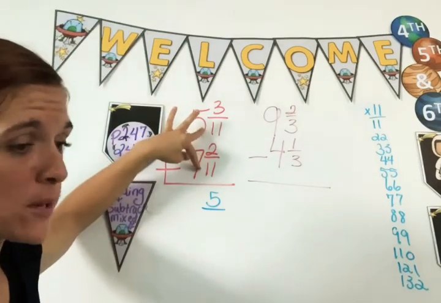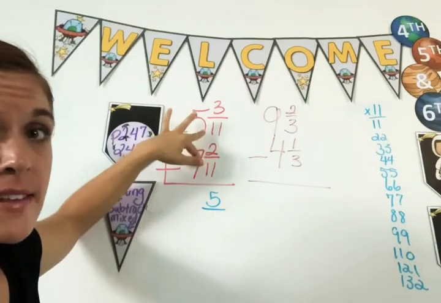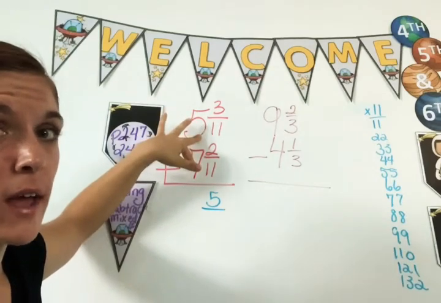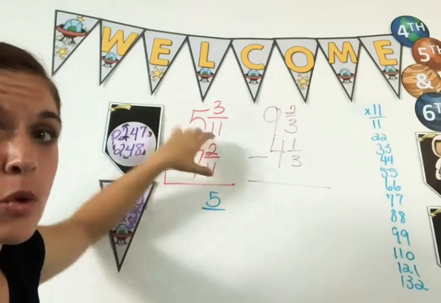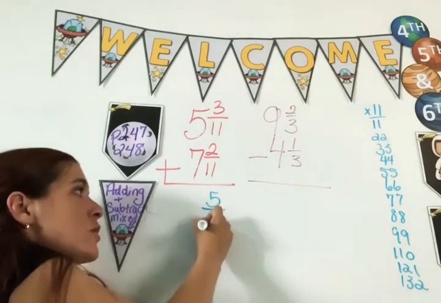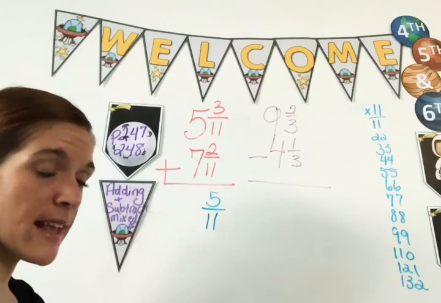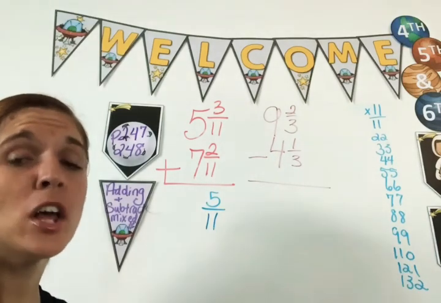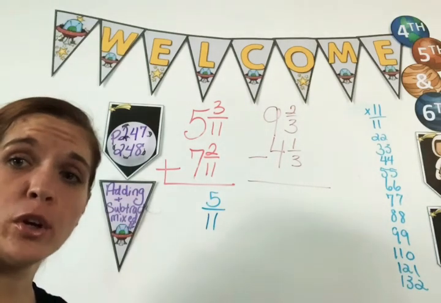If they're the same, you can add the fractions. But if they are not the same, you cannot add these fractions, okay? So they are the same. So what's your denominator going to be down here? 11. If they are the same, it never changes. You cannot add the denominators. You want to know why?